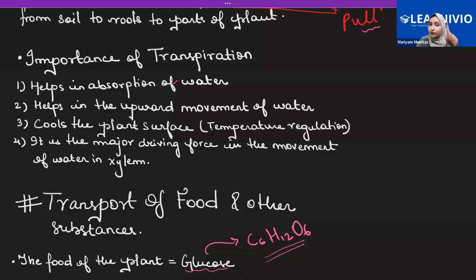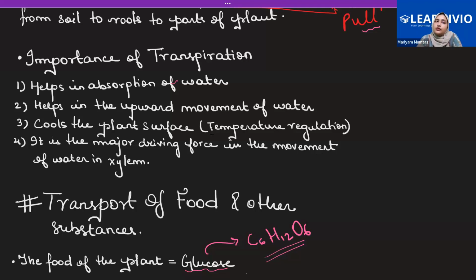We are concerned that through the stomata, the water loss is happening in the form of water vapor. So while this is happening, water is being lost. Now the plant needs more water and more water gets absorbed from the soil. Got it? Yes, ma'am. Is it clear? Sure. Yes.